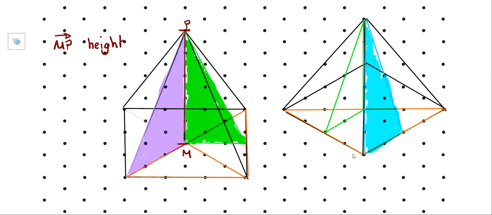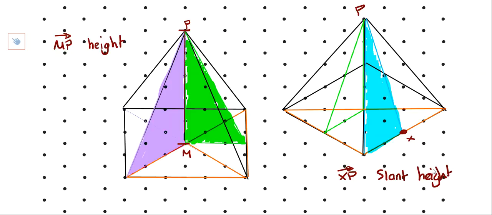If I say this point here, X up to P, XP is actually called the slant height. So that's where some people can get it wrong.